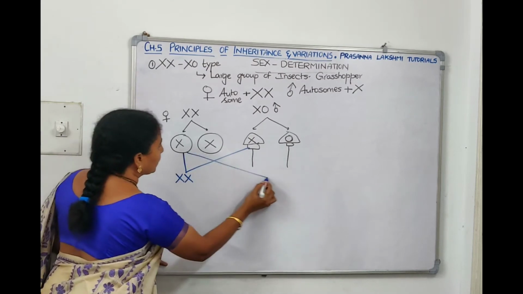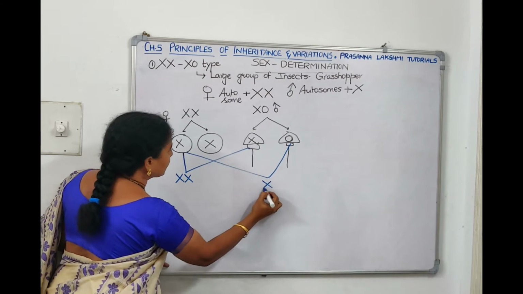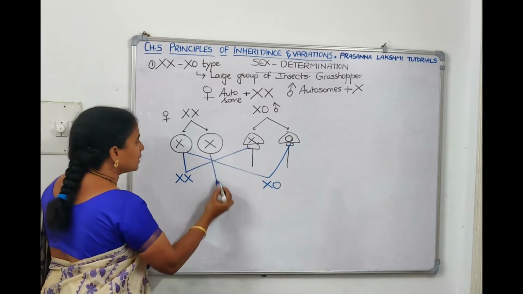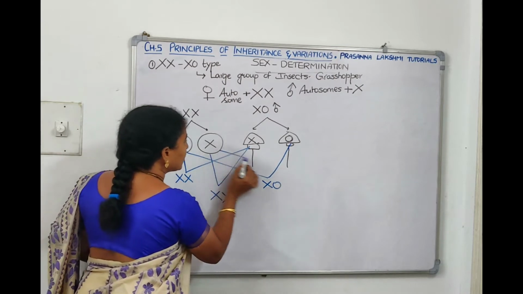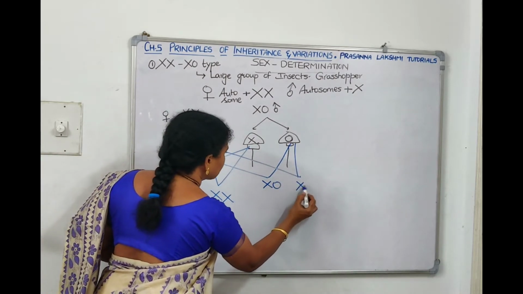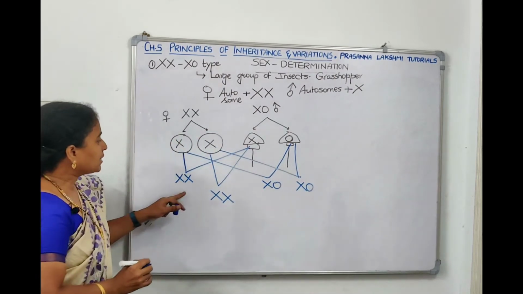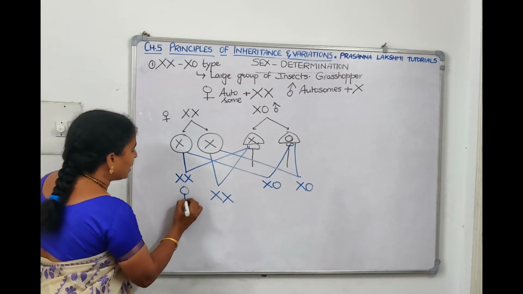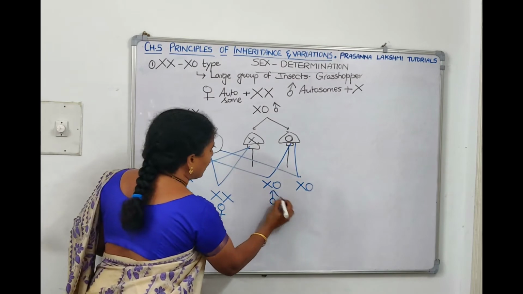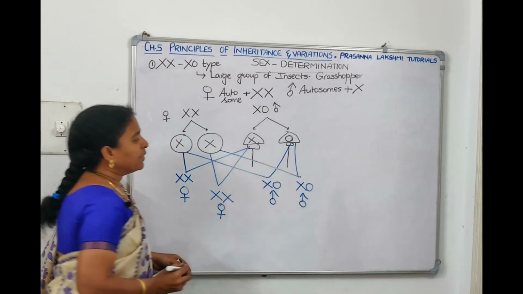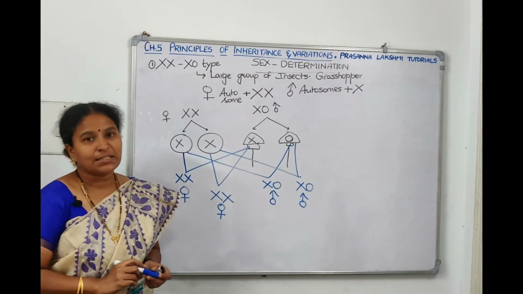This egg with this sperm will be X0. Parallelly this egg with this sperm, XX. Parallelly this with this one, X0. XX will turn out to be female insects. X0 male.